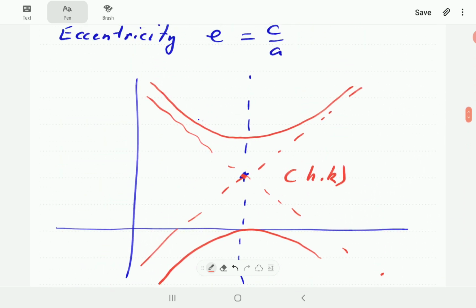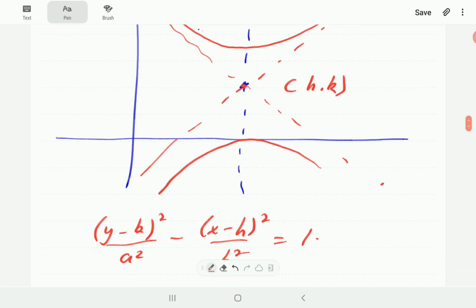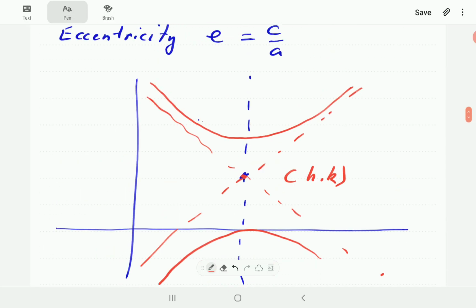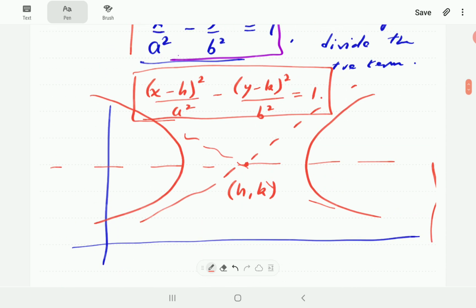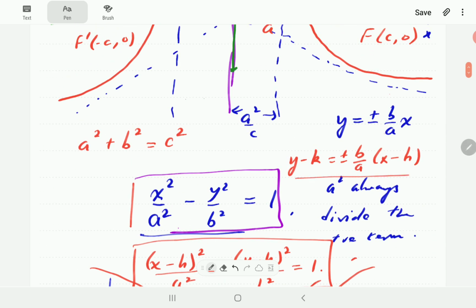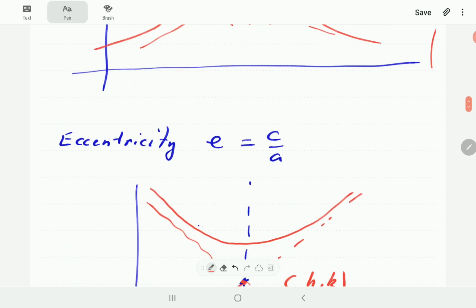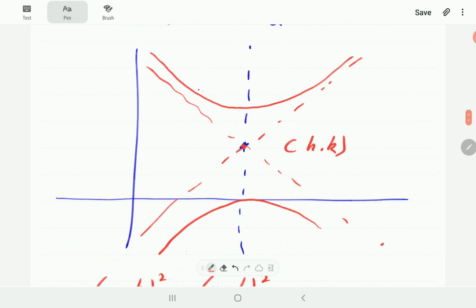We did not talk about the equations of the asymptotes for the case where the transverse axis is vertical. What happens there is that the x and the y terms just swap positions. So for this one, it's going to be x minus h equals plus or minus b over a times y minus k.